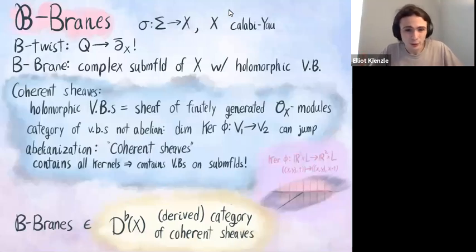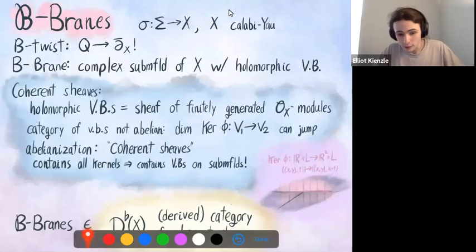Trouble is, the category of vector bundles is not abelian, because though pointwise the kernel of a map from a vector space to another vector space is still a vector space, the dimension of that can jump, which means that we don't have a well-defined dimension on our kernel of a map between vector bundles.